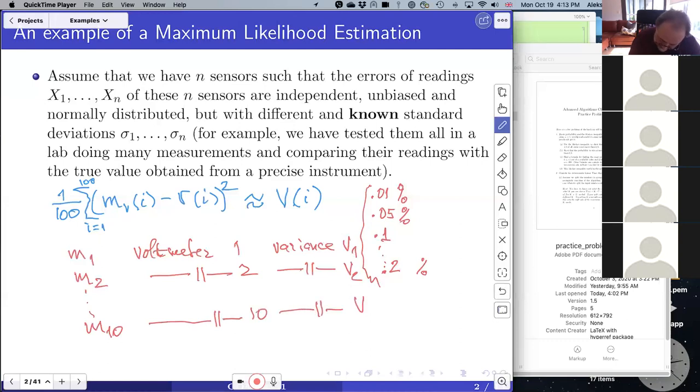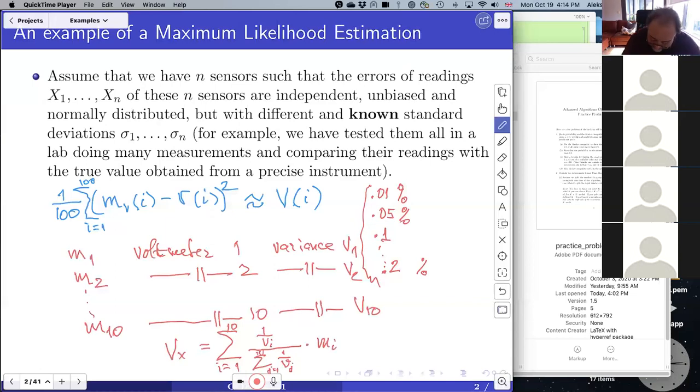And then you will estimate the voltage that you want to measure as the sum, i equals from 1 to 10 voltmeters that you have, of the reciprocal of the variance of voltmeter i, normalized by dividing it by the sum over all j of the reciprocal of variance j, so j also goes from 1 to 10, times the measurement of voltmeter i.